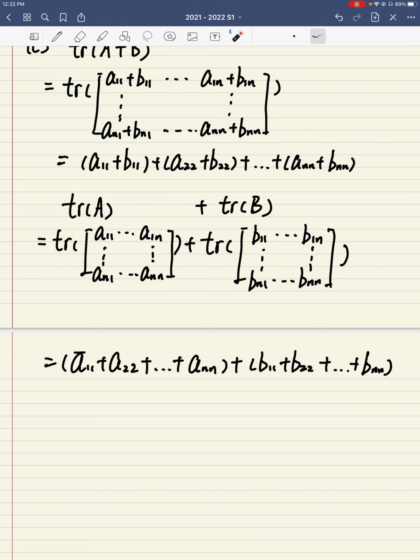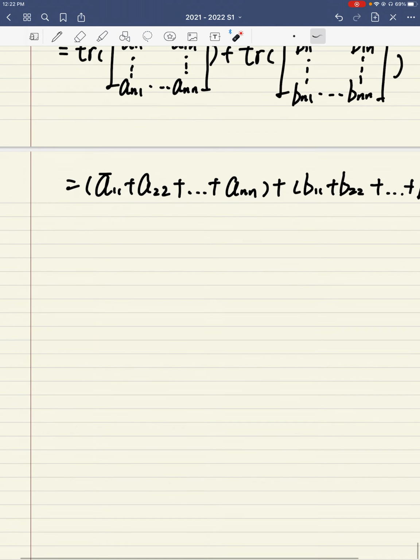Then part D. What can you say about trace of alpha A?